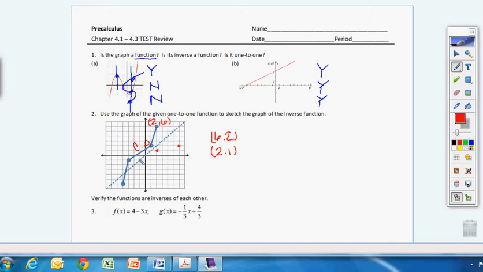Okay, this point is at -3, -1. So I'm going to flip-flop those, so it's -1, -3. So I'm going back to -1, down 1, 2, 3. And this last point is at -4, -6.